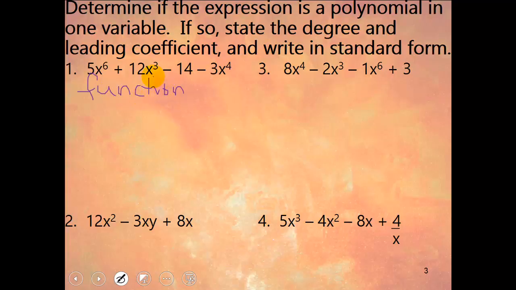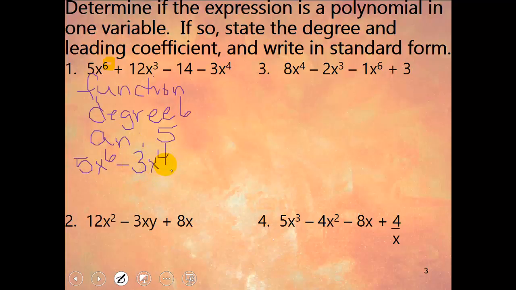My degree, I scan for the highest exponent, so this is a degree 6. My leading coefficient, a sub n, is going to be 5. And then to write it in standard form, I have to go in decreasing order of my exponents. So 5x to the 6th minus 3x to the 4th plus 12x cubed minus 14.